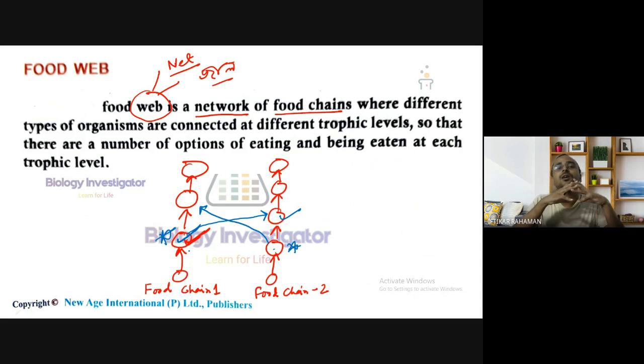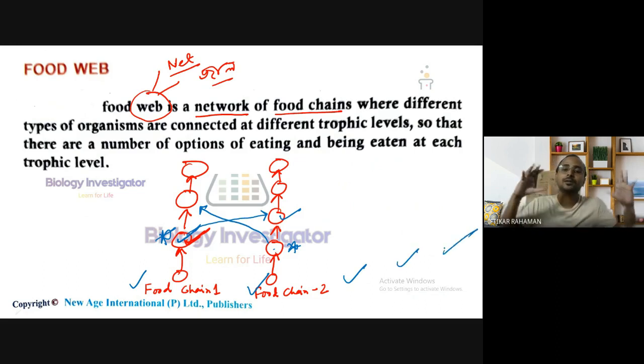So imagine there are a lot of food chains that are similar in this manner, that one component is a part of food chain 1, also part of food chain 2, also part of other food chains, right? So there is a network of food chains present in the ecosystem.